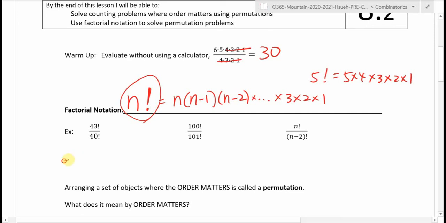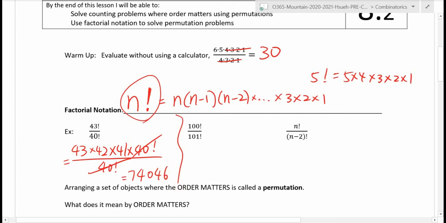So we need to think about what it means. 43 factorial simply means 43 times 42 times 41 times 40, 39, 38, and so on, and then we are dividing by 40 factorial. Same thing, we can simply cross out the 40 factorials. If you put 43 times 42 times 41 into the calculator, you should get 74,046. I'll let you try the second one and I'll show you the last one.